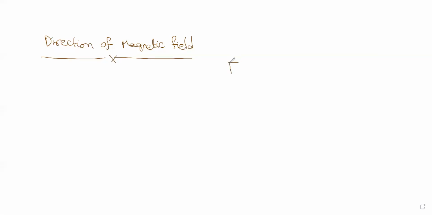Now the next one is direction of the magnetic field. I think we have discussed this once, if I remember, but otherwise it's also okay. So what you have to do is assume that there is a straight conductor.